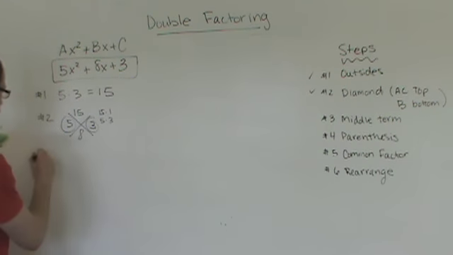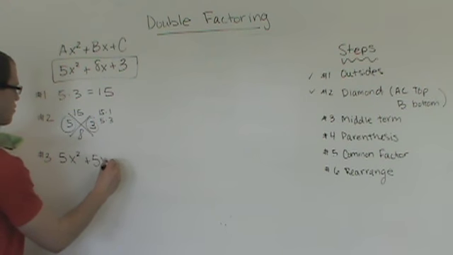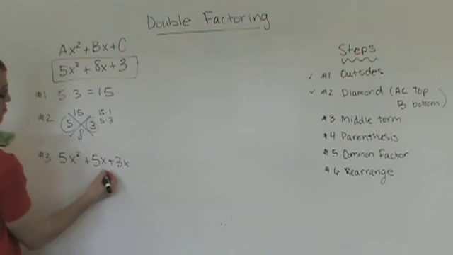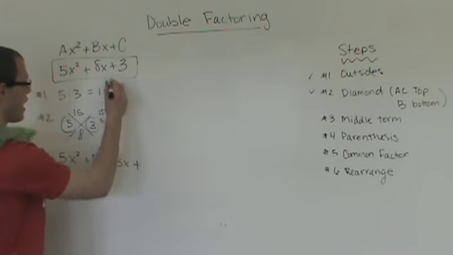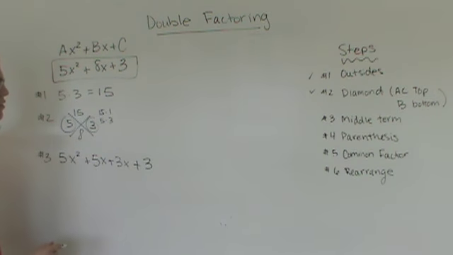Next, we have to take what we just found, the 5 and the 3, and replace it with our middle term. So we keep our front term at 5x squared. We substitute 5x and 3x in for the 8x part, because notice if you add them, 5 plus 3 is 8x. And then we want to add on our very last c, which is 3. Okay?